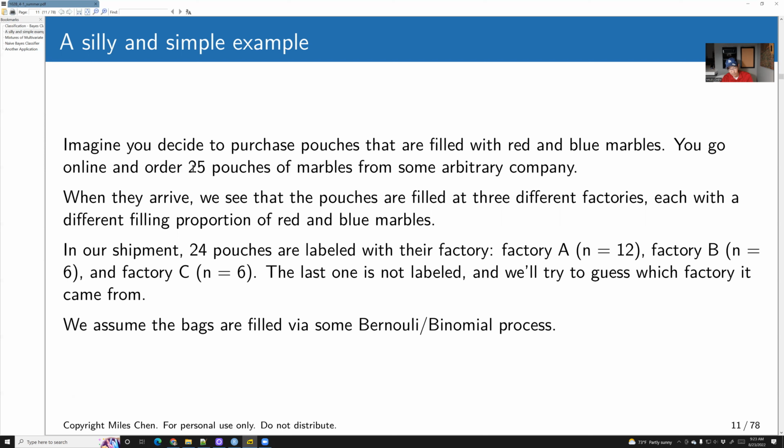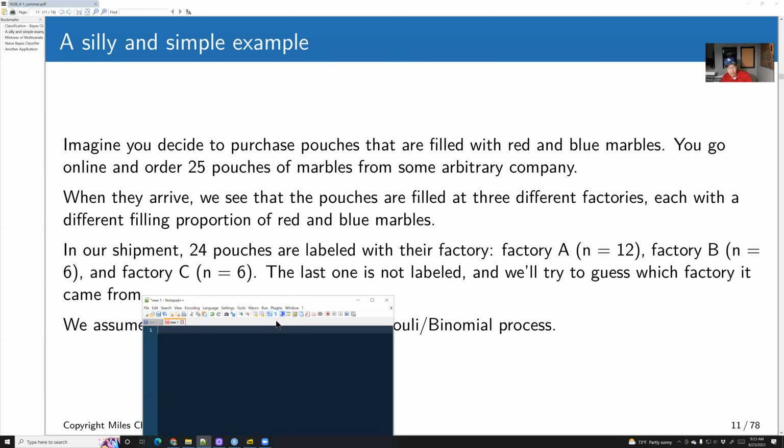We bought 25 pouches. 24 of them are labeled, but the 25th one is not labeled, and we want to guess which factory it came from. According to the labeled data, 12 came from factory A, 6 came from factory B, and 6 came from factory C.